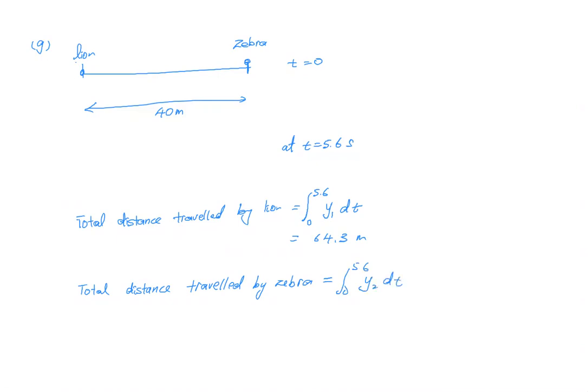Okay, 26.2. Okay, I'm going to use green to represent zebra and blue to represent the lion. Okay, so now lion is here. So now I mark down the position first. Here is 40 meters. So lion start from here.